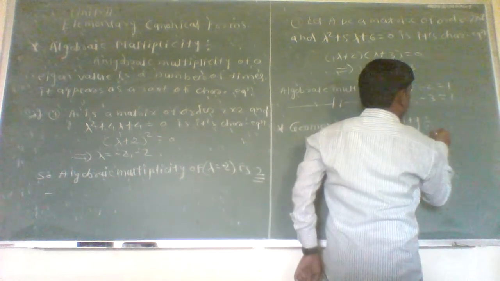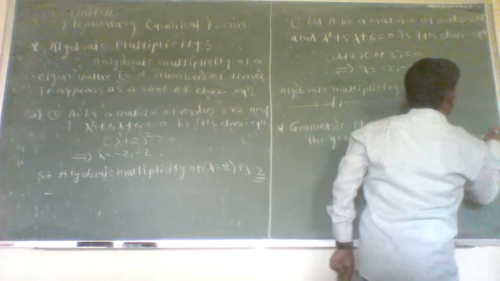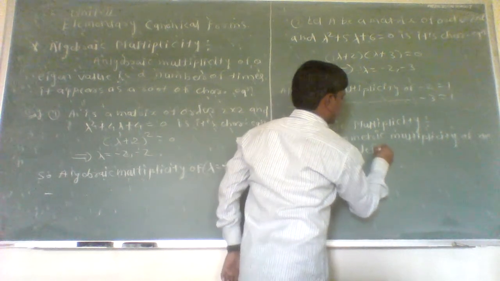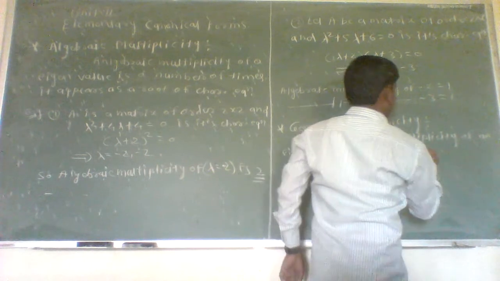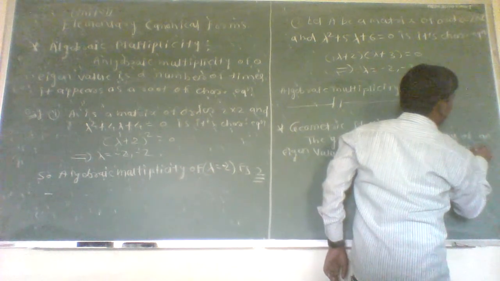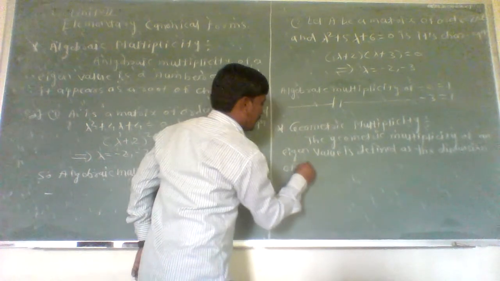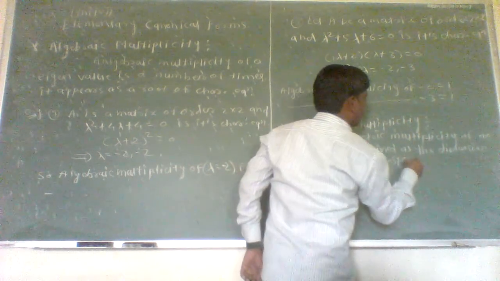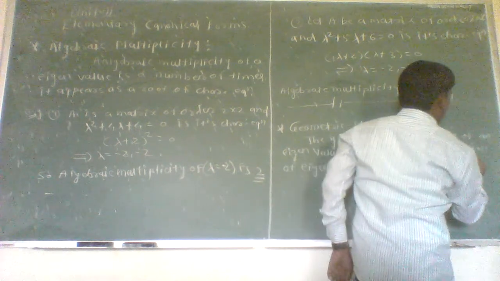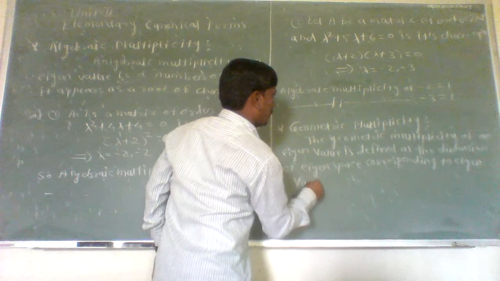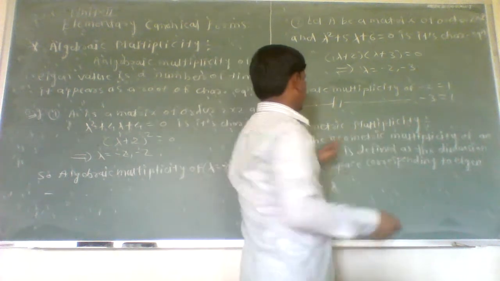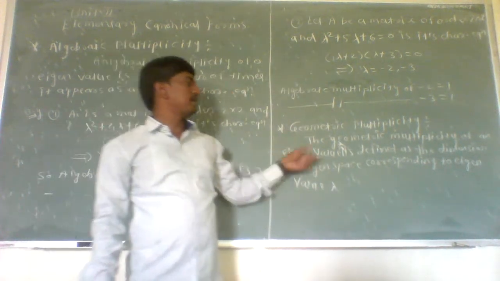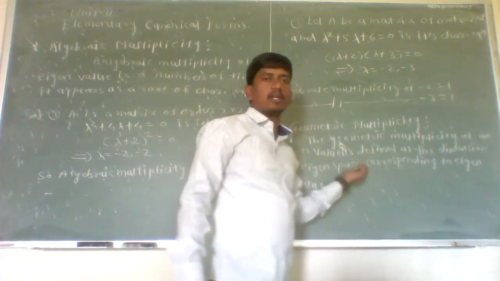The geometric multiplicity of an eigenvalue lambda is defined as the dimension of the eigenspace corresponding to the eigenvalue lambda. That is, the geometric multiplicity of an eigenvalue lambda is nothing but the dimension of the eigenspace corresponding to that eigenvalue lambda.